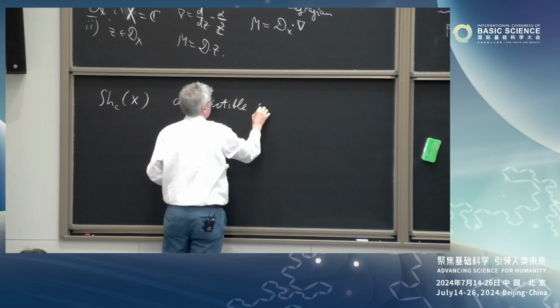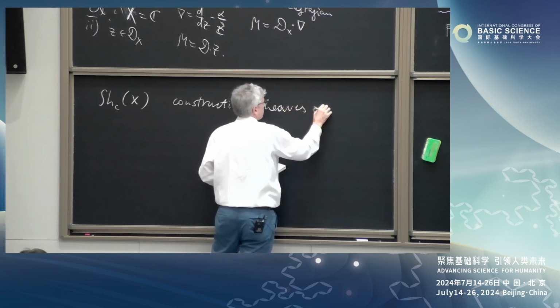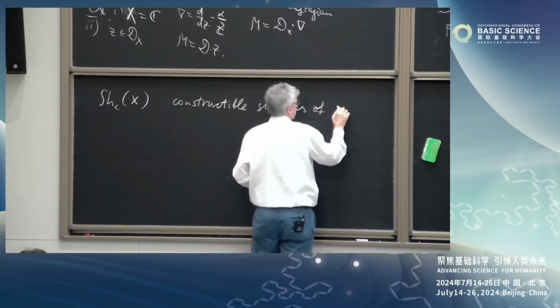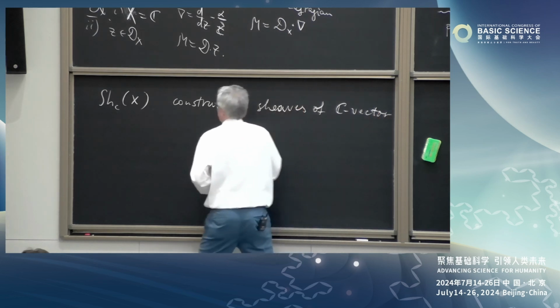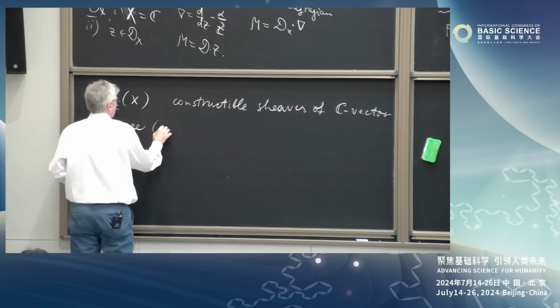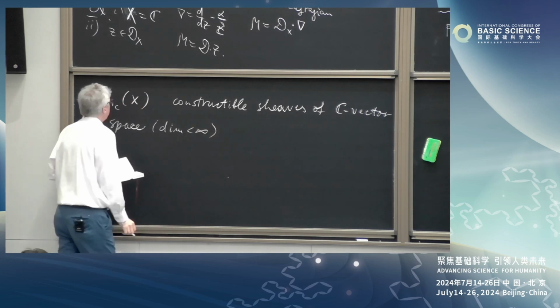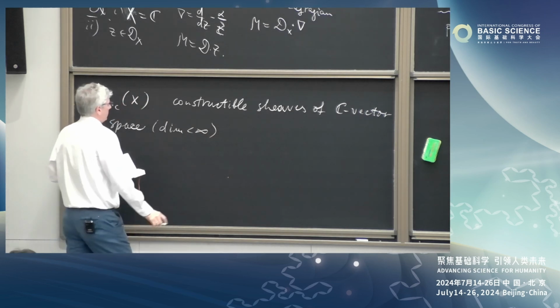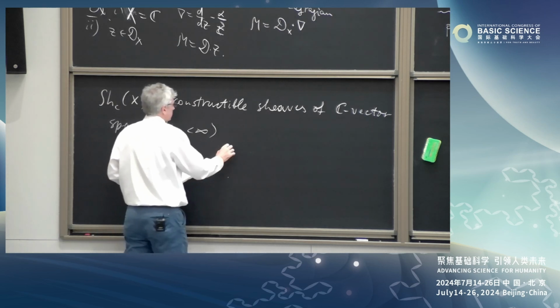Constructible sheaves of C vector spaces, finite dimensional vector spaces, dimension finite, which are constructible with respect to a complex analytic stratification.